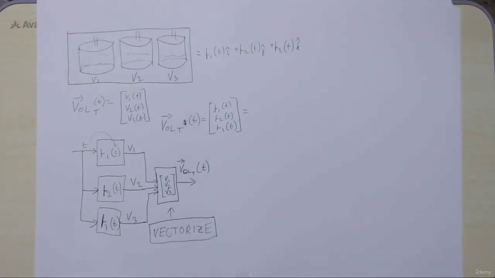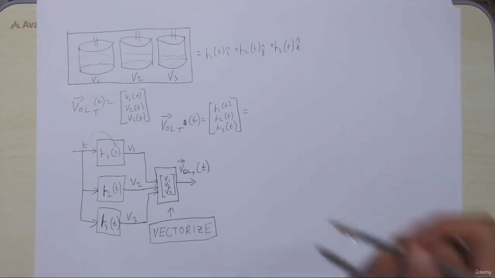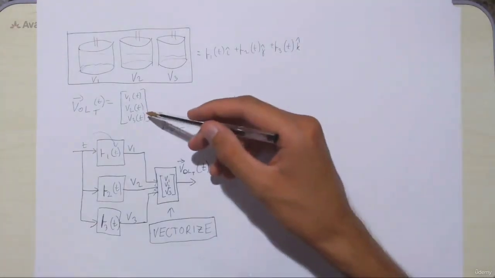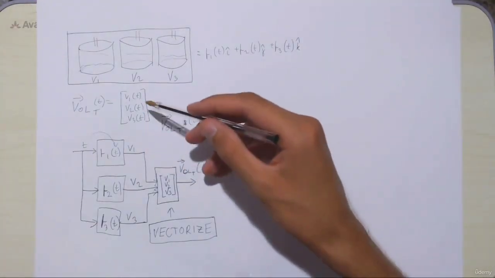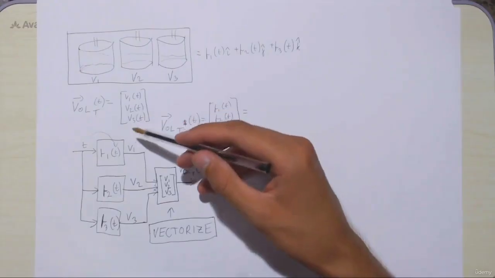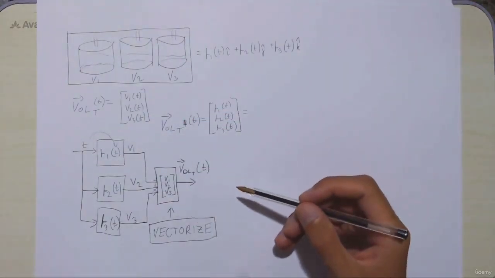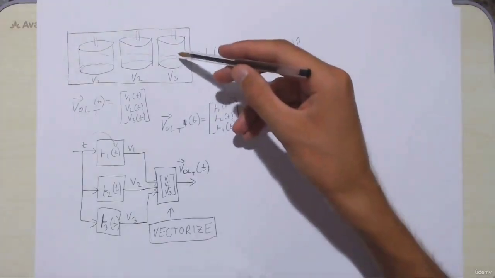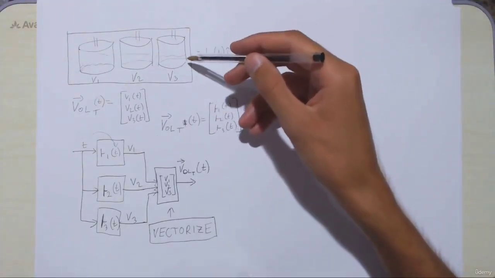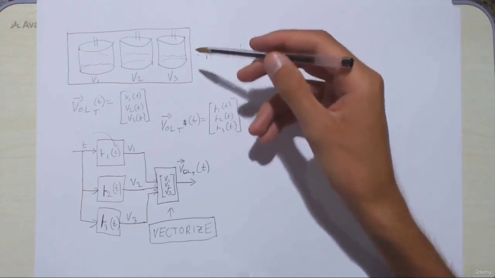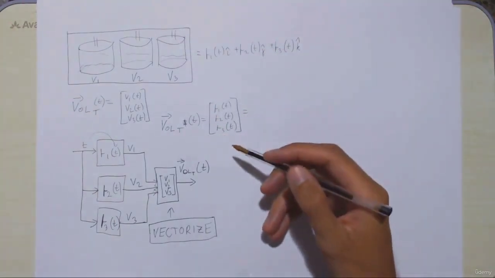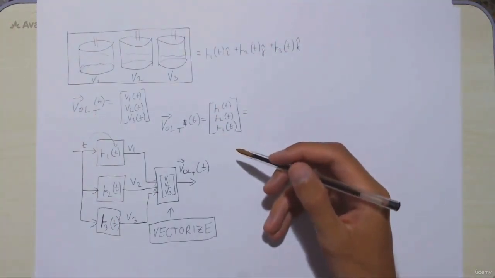So let's see how we can control the volume of water in the tanks, or in other words, how we can control these vector elements as a function of time. Those vector elements depend on the variable time. We're going to assume that the pumps that make the water flow in and suck the water out can cope with whatever orders we give them.